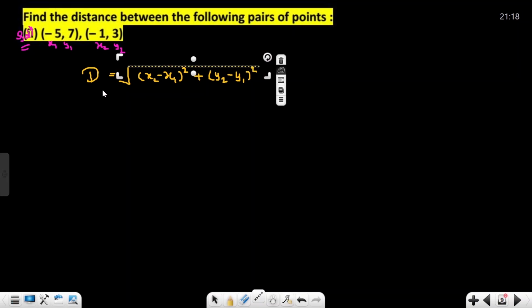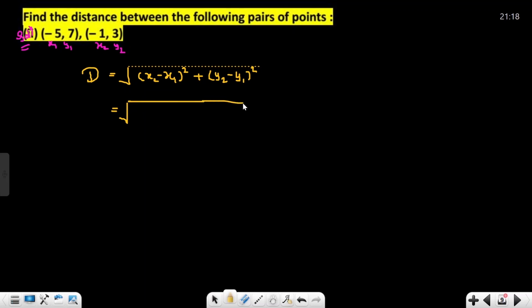Okay, so put the value. X2 value is what? X2 value is minus 1, and the minus sign is from the formula. X1 value is minus 5. So write here minus 5 square.